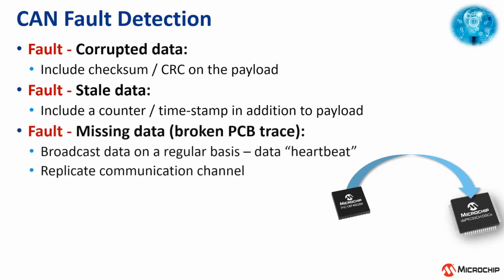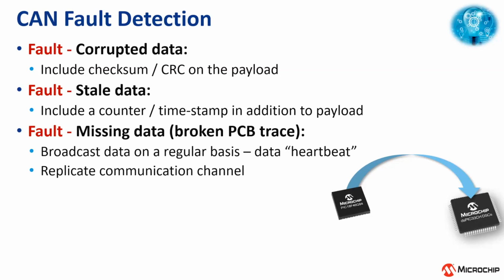If the data is missing, so for example, if the trace on the printed circuit board is broken, we can detect that fault by broadcasting data on a regular basis or including some sort of a heartbeat in that data stream. We could also replicate the communication channel.